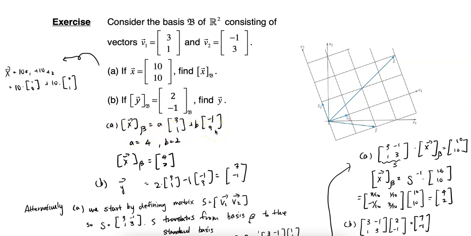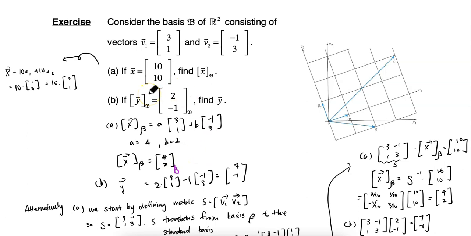And if you solve that, you find a equals 4, b equals 2. So we write that vector x using basis B is (4, 2). And we should have a little B here just to be consistent.